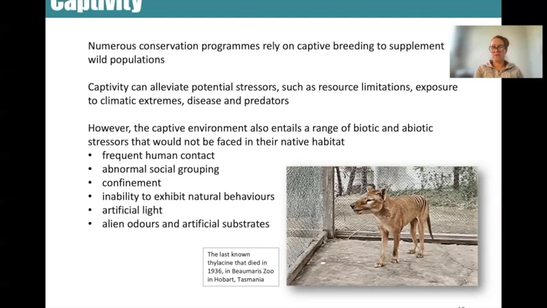The captive environment is also going to entail a range of biotic and abiotic stresses that would not be faced in their native habitat. So the factors include frequent human contact, abnormal social grouping, confinement, inability to exhibit natural behaviours, artificial lighting, as well as different smells and different substrates that they're living on.